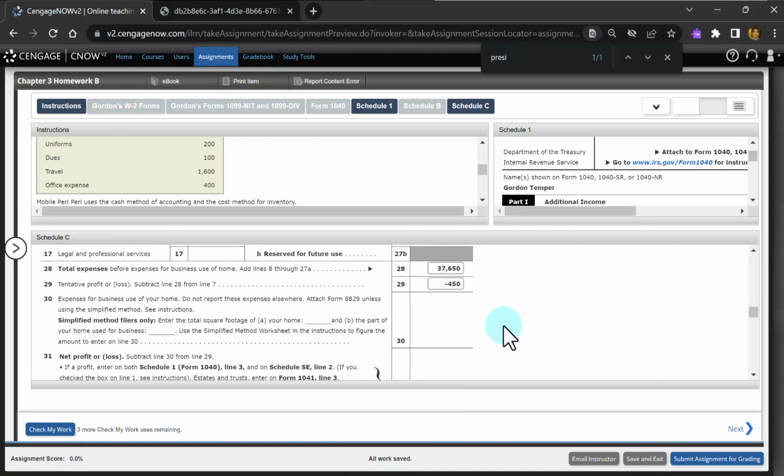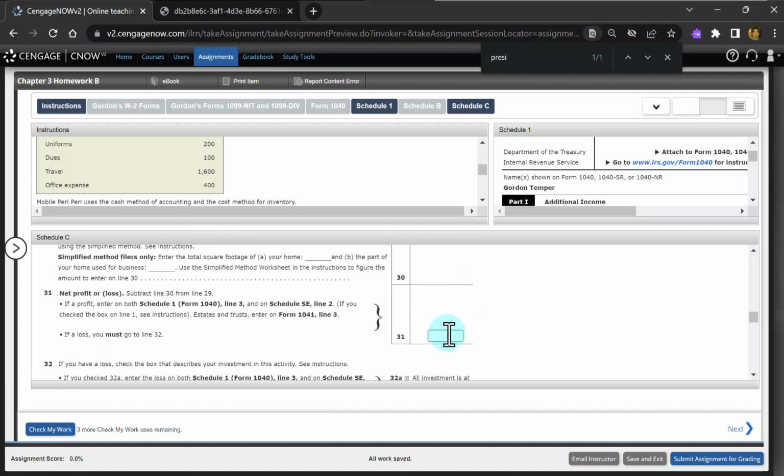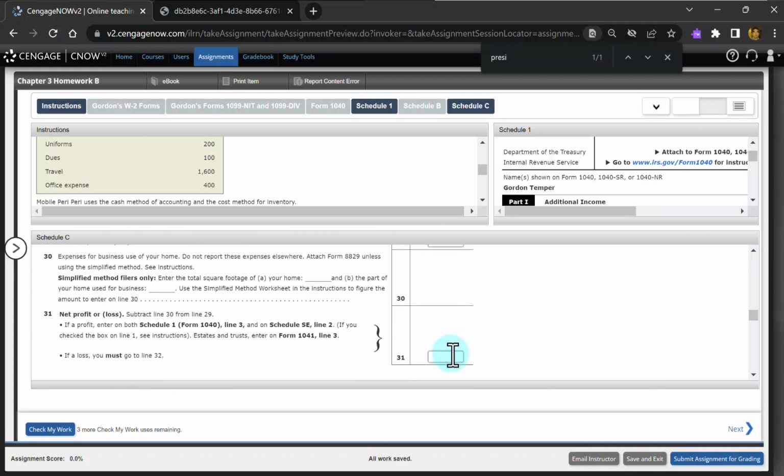And then we'll see in the second problem, there's going to be a filling in here for home office deduction. Even if you had one, in our case, it would be 0 because you already have a loss here in line 29, and you cannot make the loss bigger, yeah? So same loss here in line 31, minus 450.